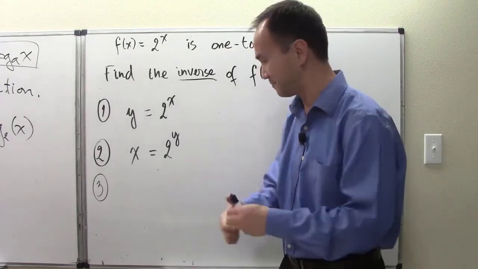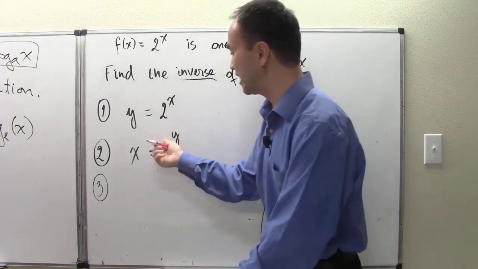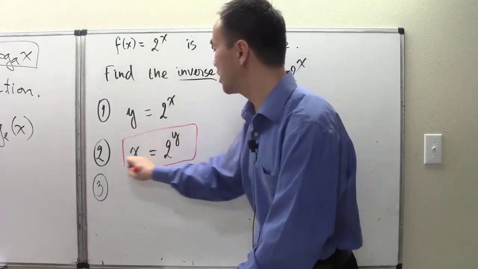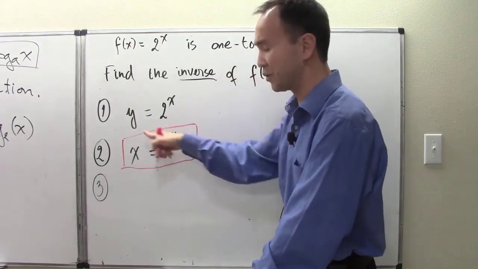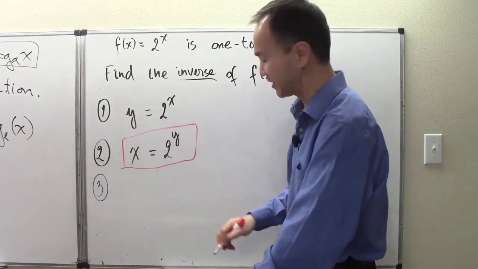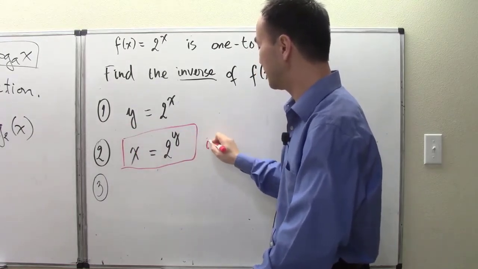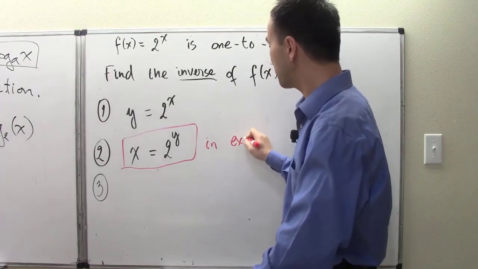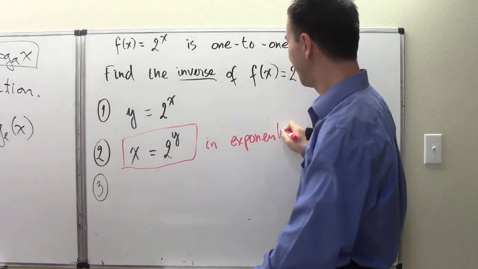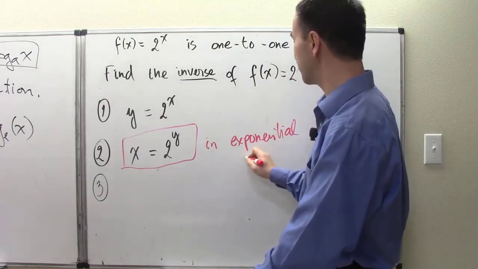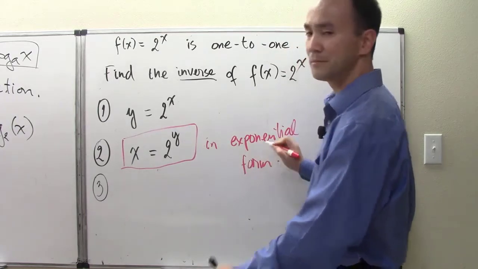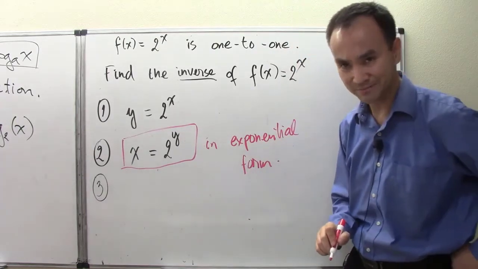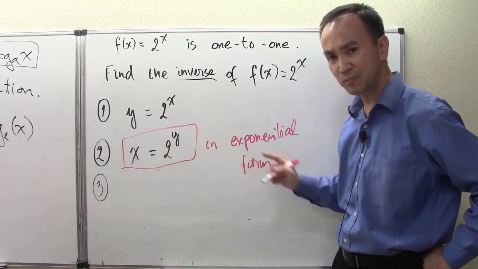You see this equation in step 2, which I put in a red box. This is an equation in exponential form.